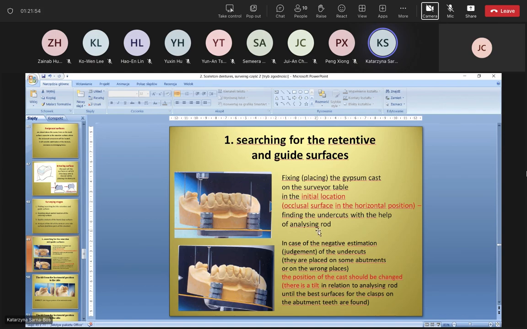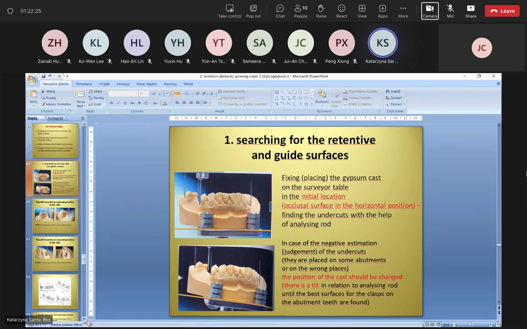In the case of a negative judgment of the undercuts, if they are placed on some wrong abutments or in the wrong places, the position of the cast should be changed. There is a tilt in relation to the analyzing rod. As you see, the tilt of a gypsum model to the analyzing rod is changed until the best surfaces for the clasp of the abutment teeth are found.